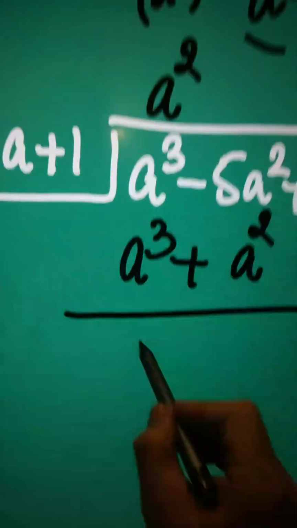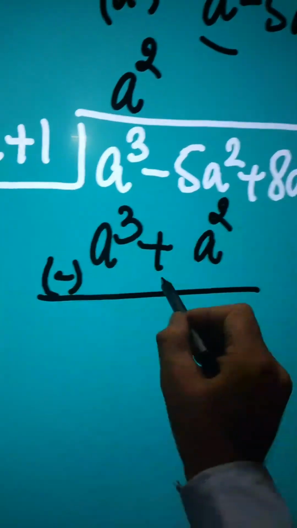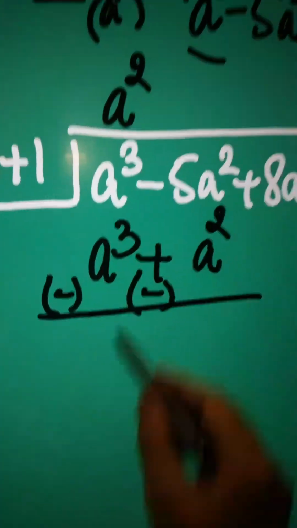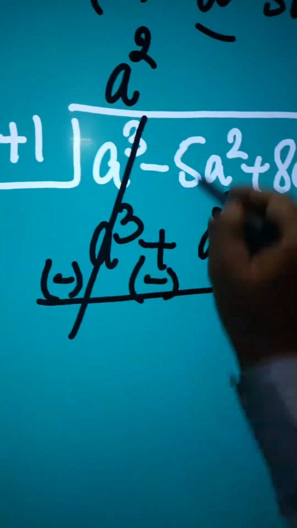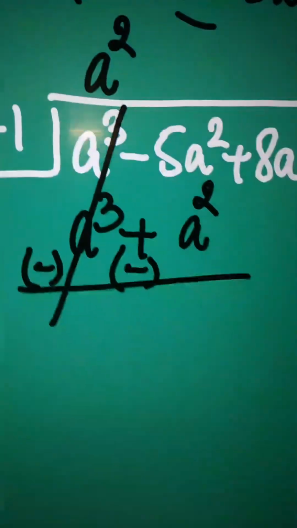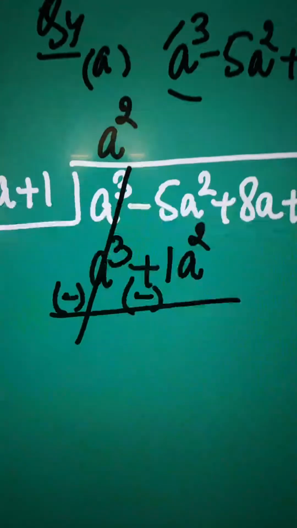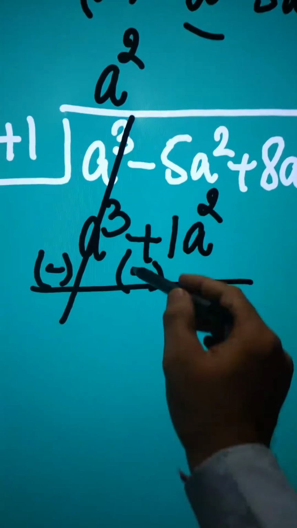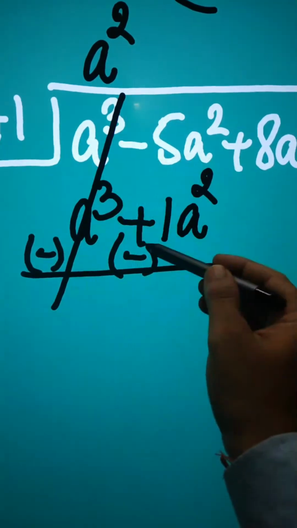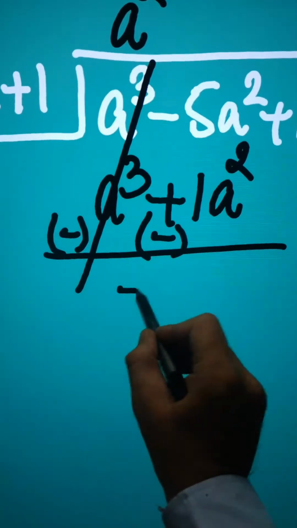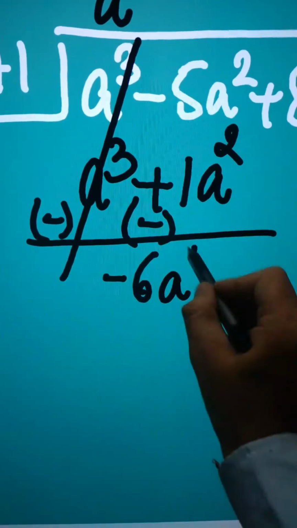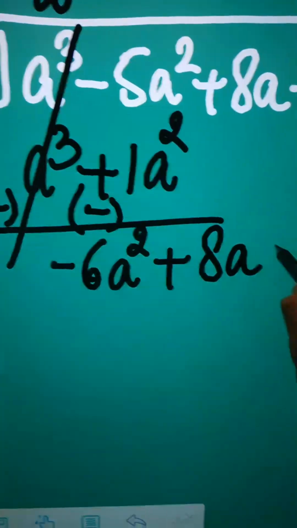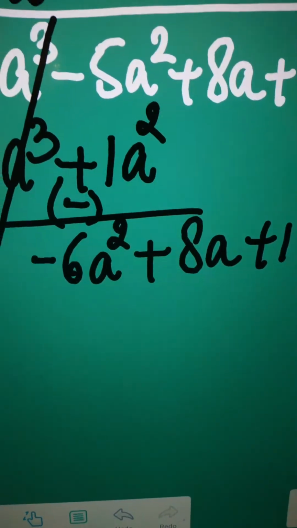Now subtract. To subtract, I have to change sign. This will become minus. This will subtract now. What will you get in this? Type your answer. Minus 5a square and this. Now since the sign has changed, this is minus 5 and minus 1. Answer is minus 6a square plus 8a and plus 15.